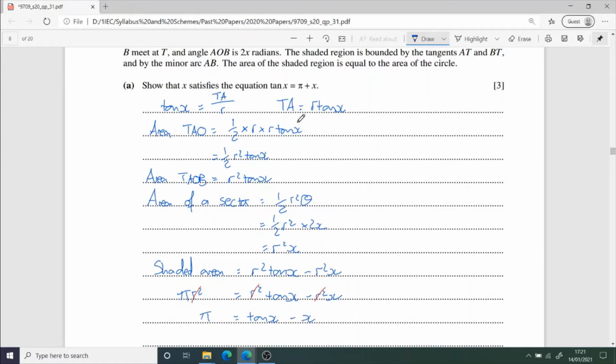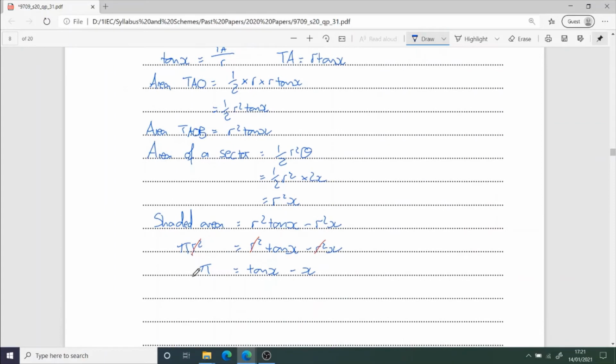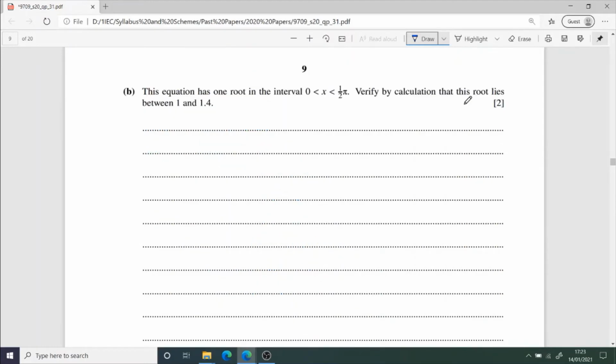We're close. We're going to add x to both sides, and we get tan x is equal to pi plus x. QED. There we go.